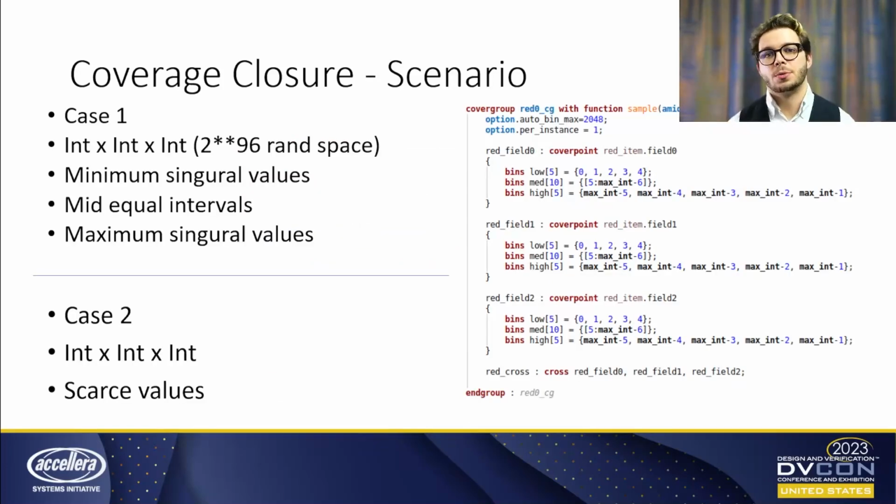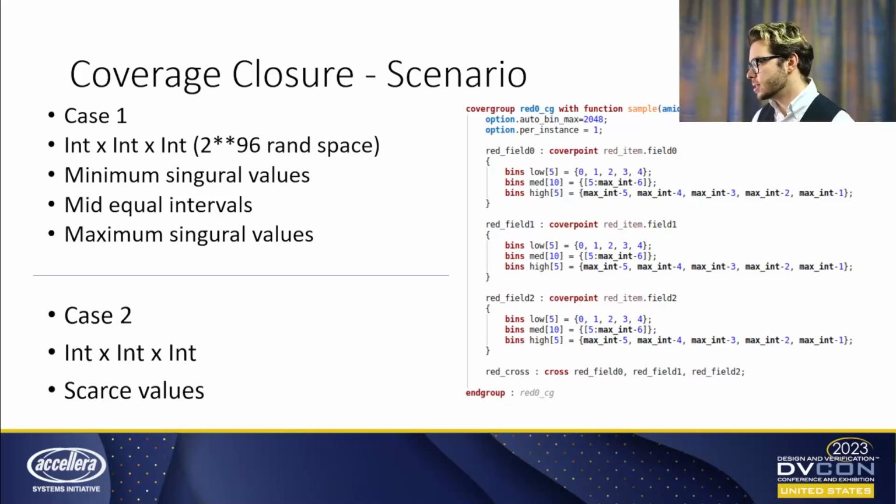For the scenarios that we used for our testing, we have two cases. We focused on the first one because we believe it's the most unfavorable and the hardest challenge that we can get, which is when we have a very, very big randomization space. In this case, it's 2 to the power of 96, and we have minimum, maximum, and mid values. The number of mid intervals we try to vary.